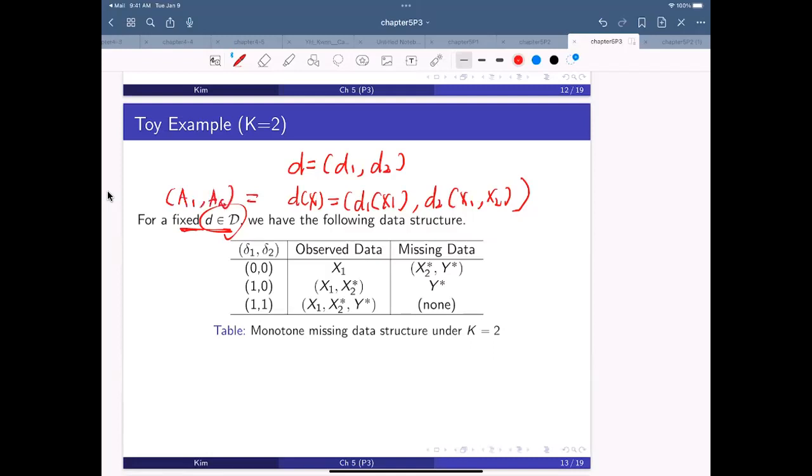So if the consistency holds, that means under the rule that I have, this one is the same as my observed A1. My D2 will be the same as my observed A2, right?